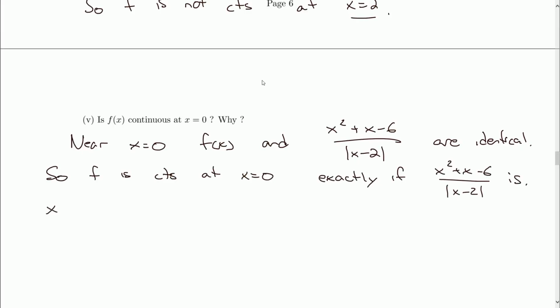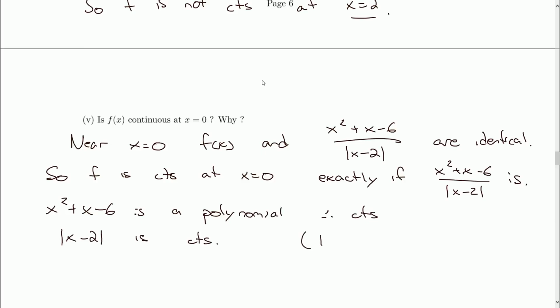Now, x squared plus x minus 6 is a polynomial. Therefore, it's continuous. And the absolute value of x minus 2 is continuous. And, really importantly, absolute value of x minus 2 is not 0 at x equals 0. In fact, it is 2.